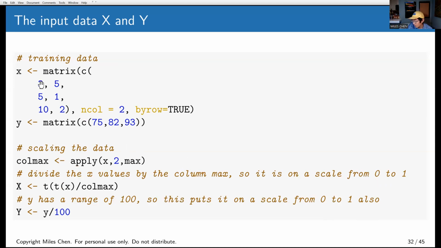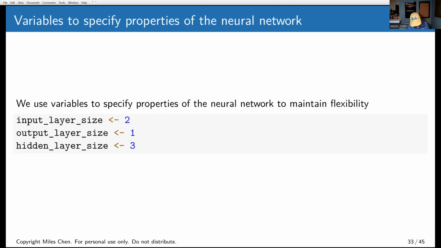But here I'm just going to divide everything by 10, so the biggest value is 1 and the smallest is somewhere between 0 and 1. Over here for our y, we just divide everything by 100, and again that puts everything in a range between 0 and 1. With the sigmoid function, that's probably a decent range.